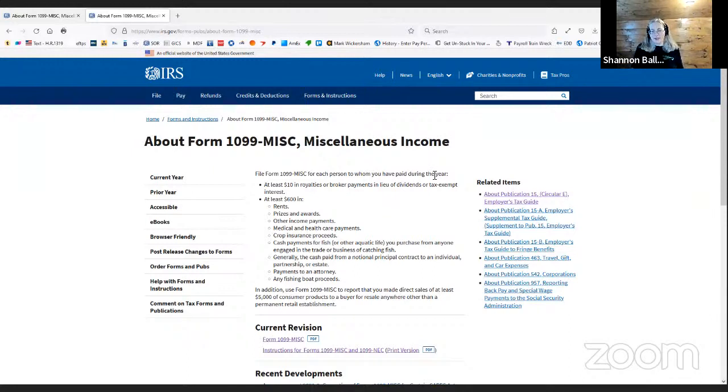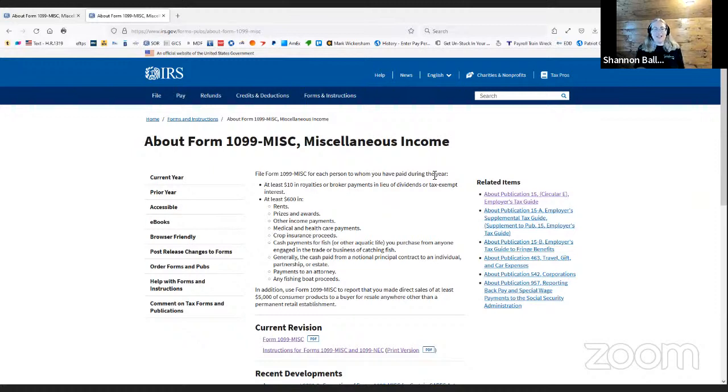Generally, the cash paid from a notional principal contract to an individual, partnership or estate. We're going to learn more about what that means later, because that one's a little fuzzy to me right now. Payments to an attorney and any fishing boat proceeds.